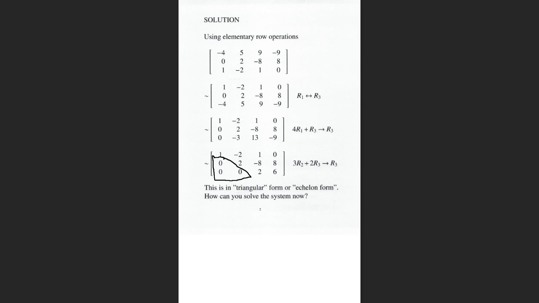That's a very good question. I think I can clarify that a little bit. What I wanted to do was get zeros in these 2 spots below the 1 in the first column.